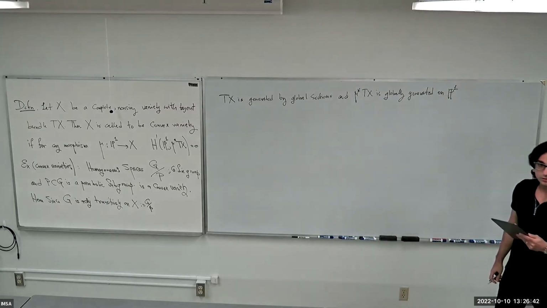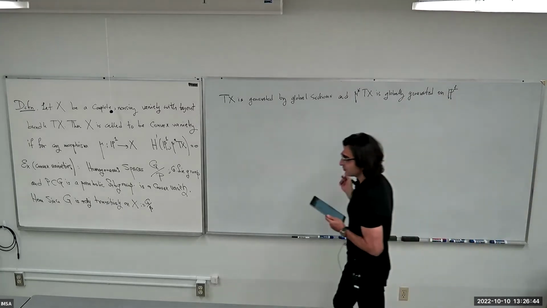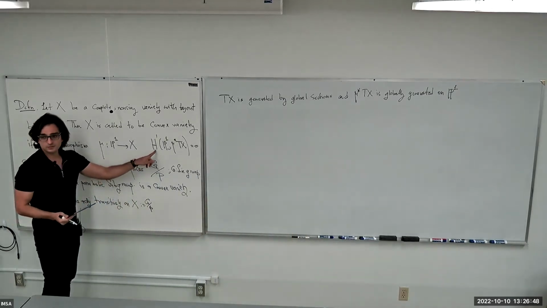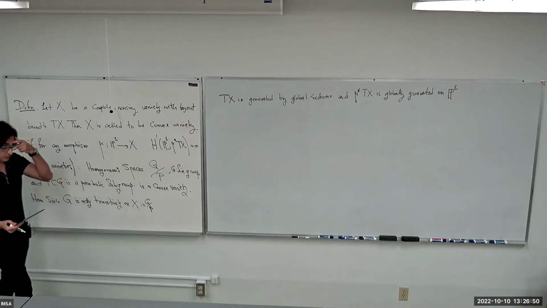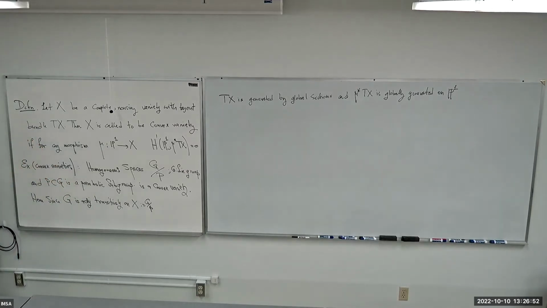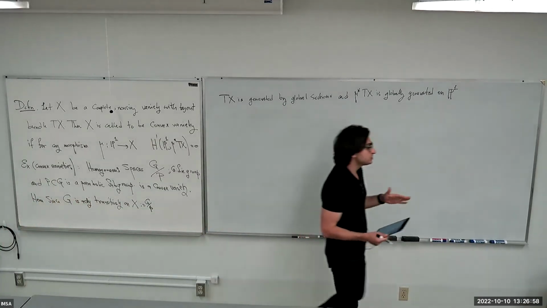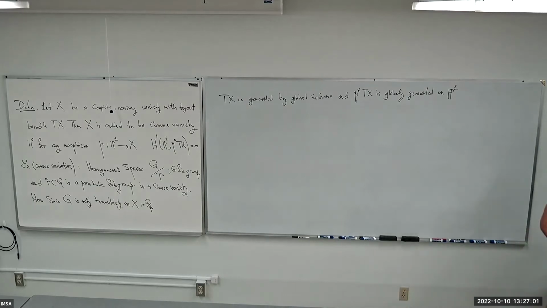If something is globally generated, the obstruction for it to be globally generated is 0, and this is the obstruction for the pullback of the tangent bundle to be globally generated. Globally generated means it has H0, and there is no H1. So if H1 vanishes, it has non-trivial H0, and that's global generation.